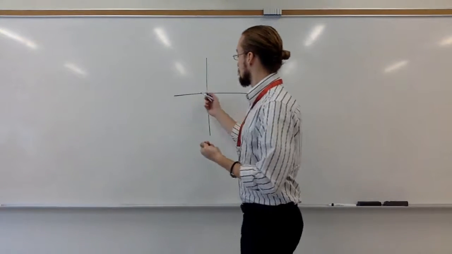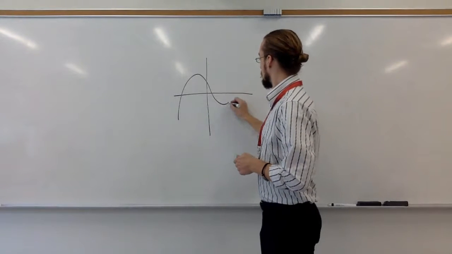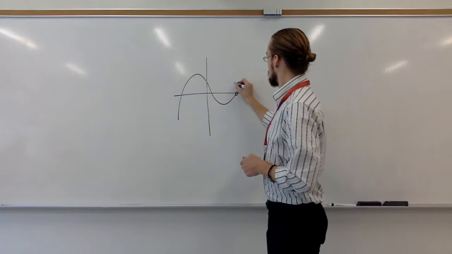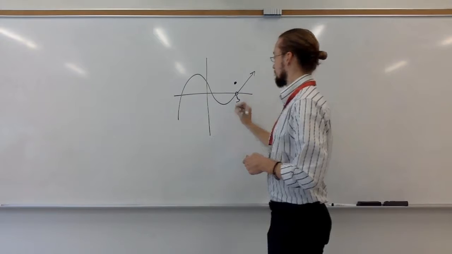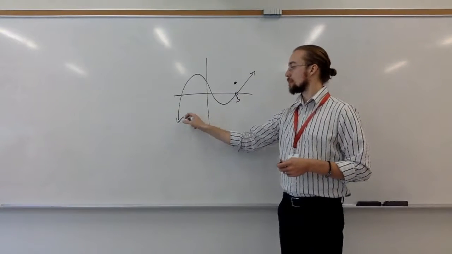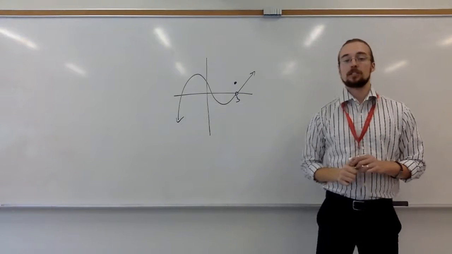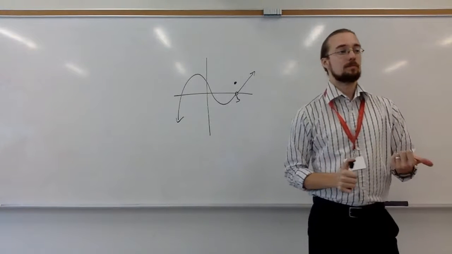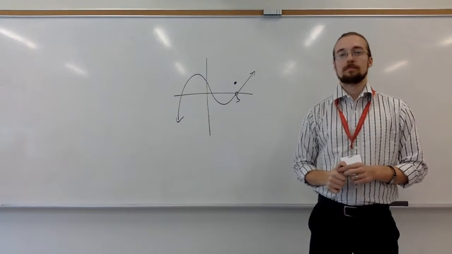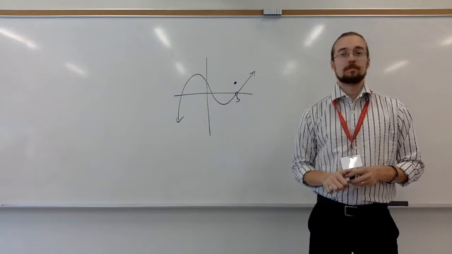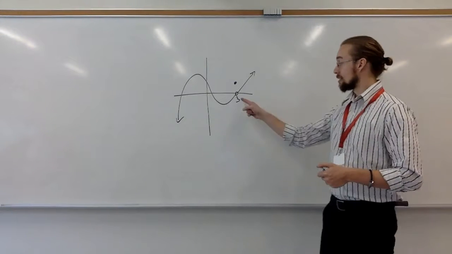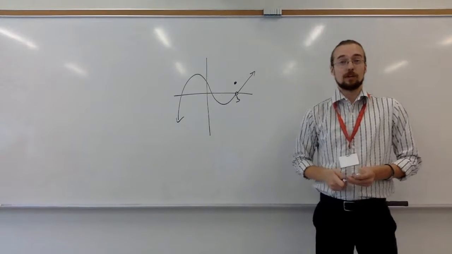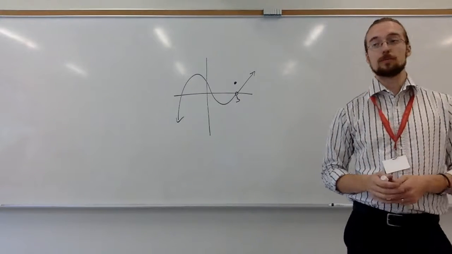So let's try something like that. Let's say that's at x equals 3. So at x equals 3, is this function differentiable? No, right? It's discontinuous. If a function's discontinuous, it's not differentiable.